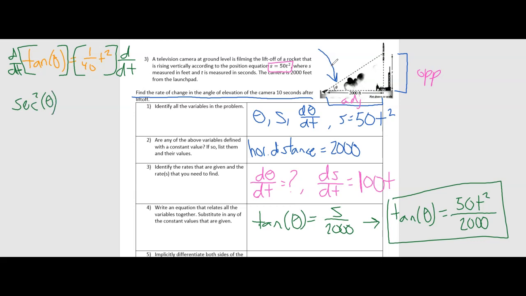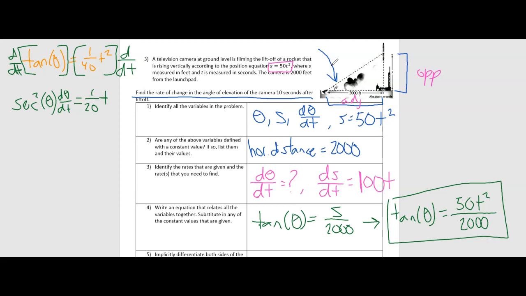Derivative of the inside function with respect to time is just going to be d theta dt. So secant squared of theta times d theta dt is equal to 1 over 20 t. And because t is what I'm taking the derivative with respect to, there is no chain rule here.